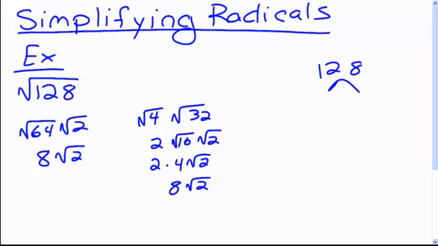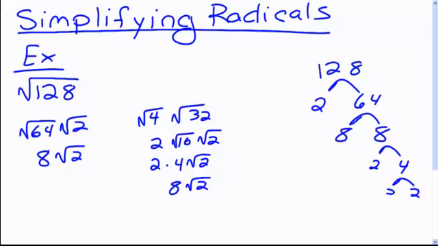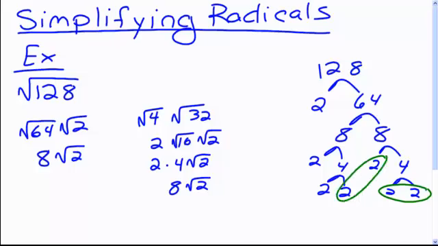One other way that you can look at seeing these, and this might be helpful when we start looking at higher roots because you usually know your square roots, break this down with your factor tree. 2 and 64, maybe then you'd go 8 and 8, 8 and 8's 4 and 2, 2, 2, 2, 4, 2, 2. Since it's a square root, you can combine together doubles. So here's 2 2's, here's 2 2's, here's 2 2's, and then there's this one left over.